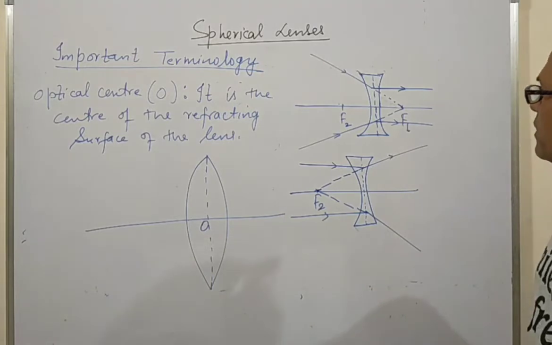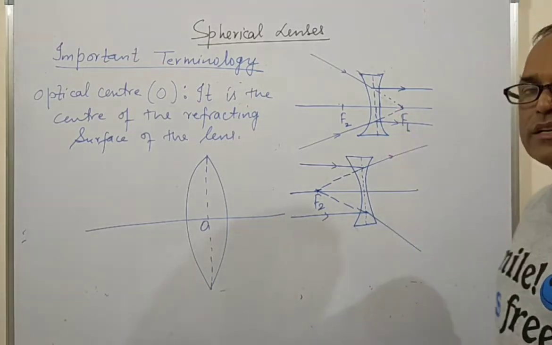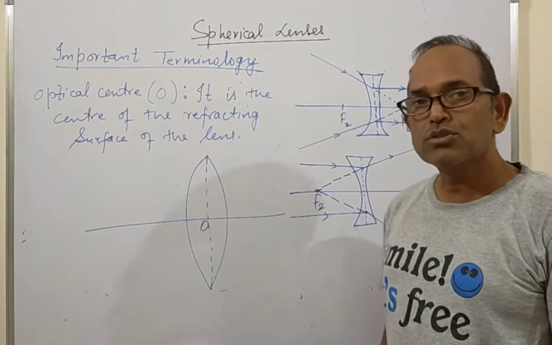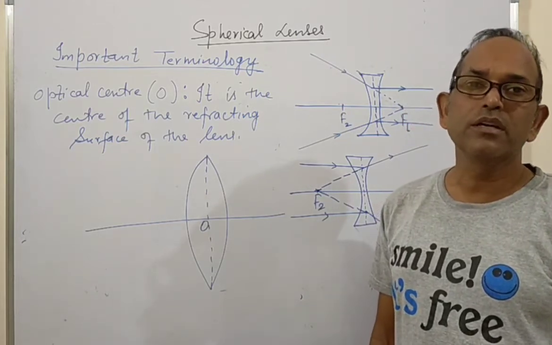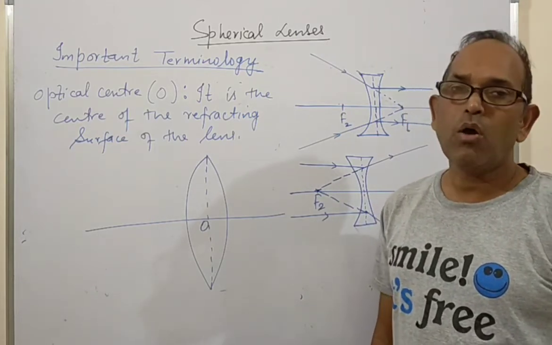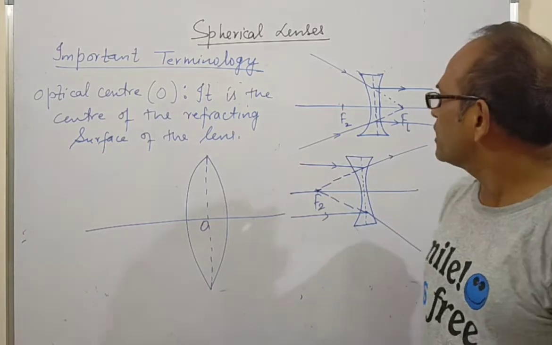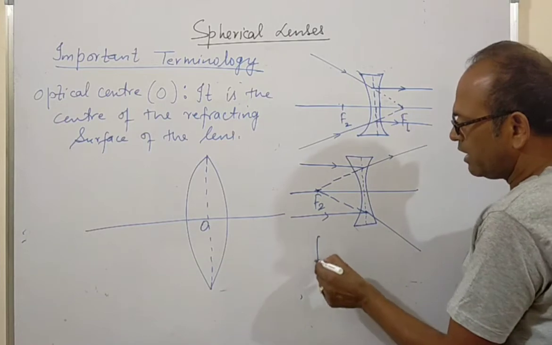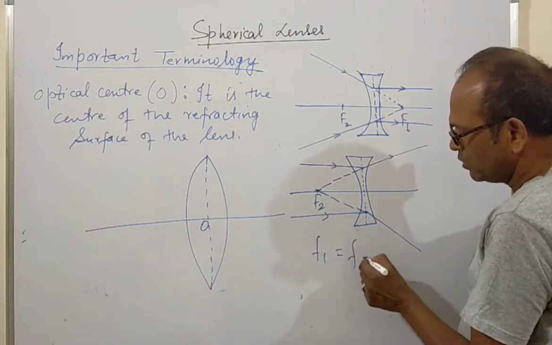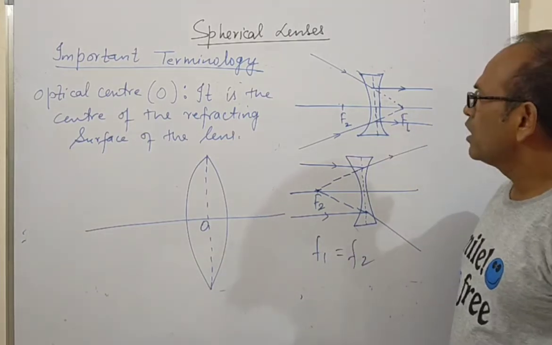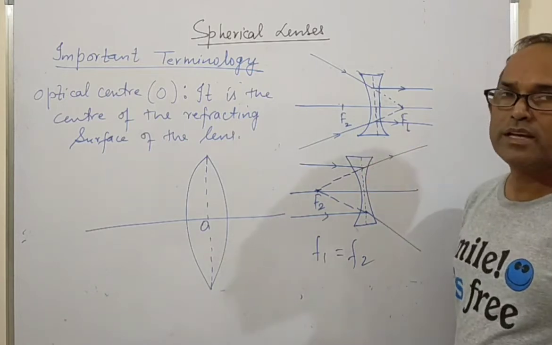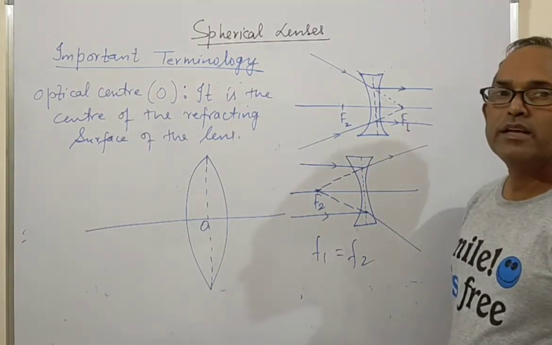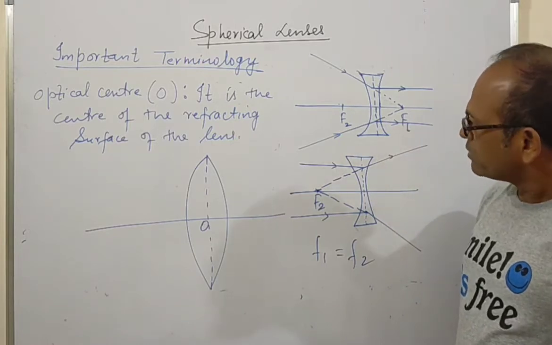Okay, and here all the distances, just like in mirrors, in lenses also we measure all the distances from the optical center. And if we study here, in this case, students, f1 is equal to f2 for both the lenses. Whether it is concave lens or convex lens, f1 is equal to f2.